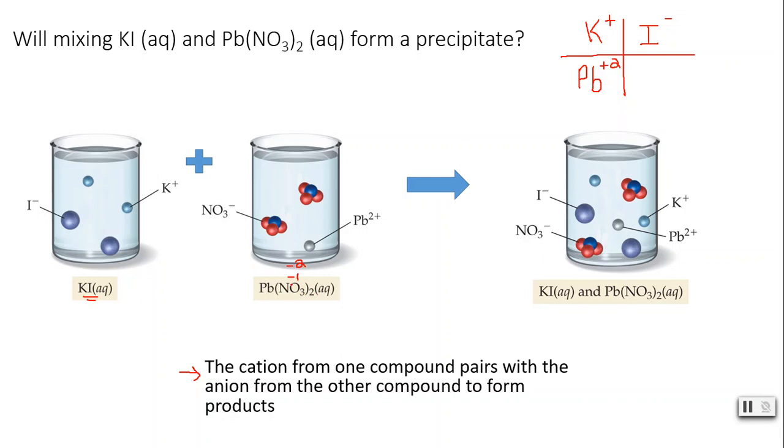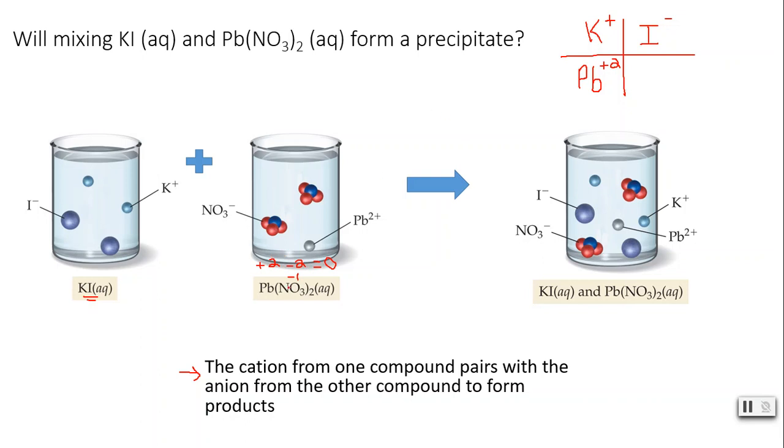For the charge on the entire molecule to equal 0, because remember the overall charge on an ionic compound has to be neutral, my lead, to counteract that -2 charge, must be a +2. So that's where my +2 came from with the lead.